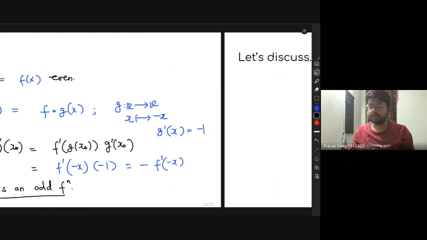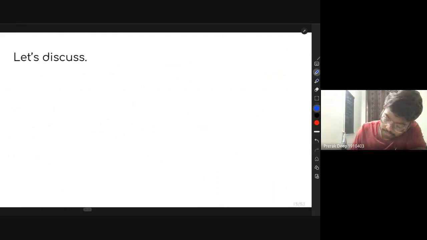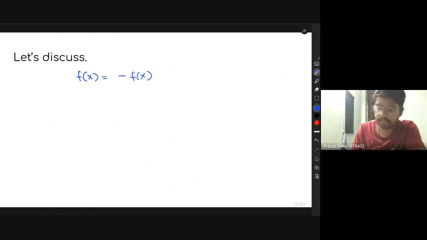Similarly, if I start with an odd function, f of minus x is equal to minus f of x.